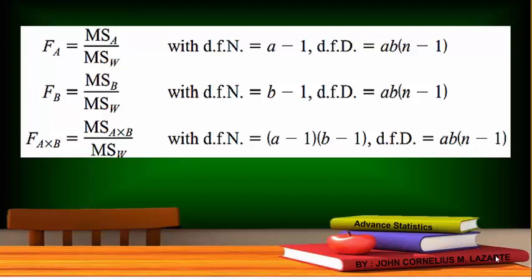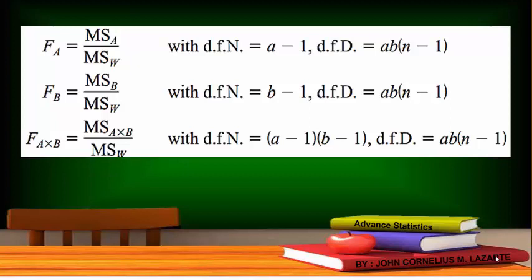For the F value for factor B, we have the mean square for factor B divided by the mean square for the within group, with the degrees of freedom numerator equal to B minus 1 and degrees of freedom denominator equal to AB times quantity N minus 1 also.